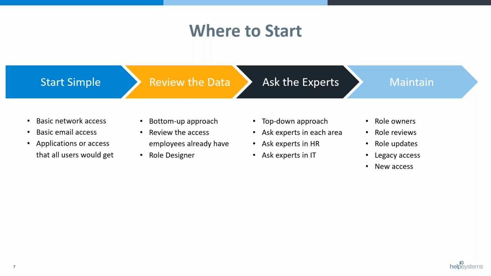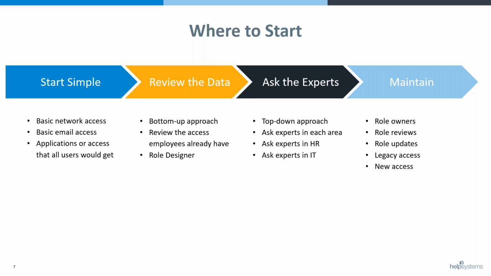The next step is to gather the data required to build a comprehensive set of roles. This is where the complexity may come in, and it doesn't have to be complex. It can be, depending on that structure. This can be done in multiple ways. There's a bottom-up approach or a top-down approach.